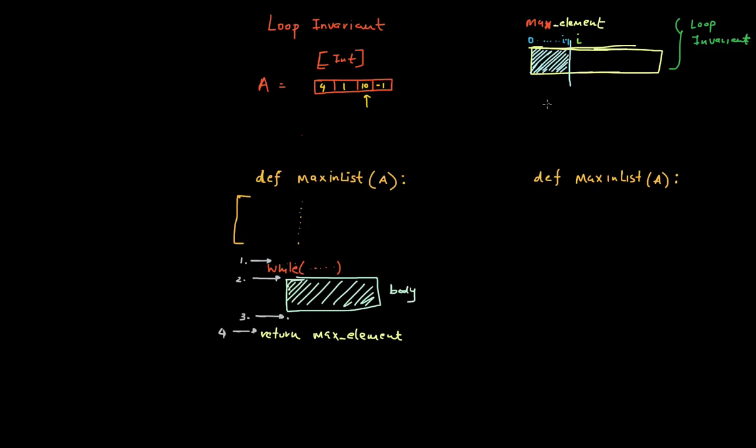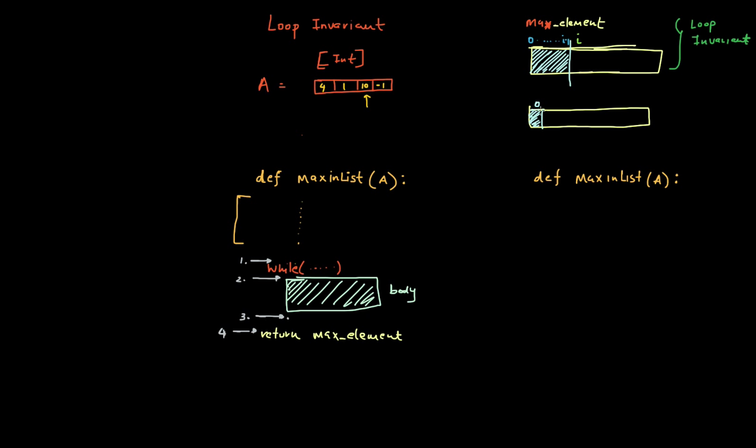Why don't I take my list again and generalize it for the very first time before the loop begins by saying that the only portion of the list that I have looked at so far is at index value 0.